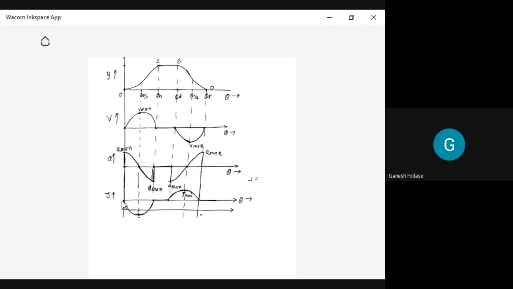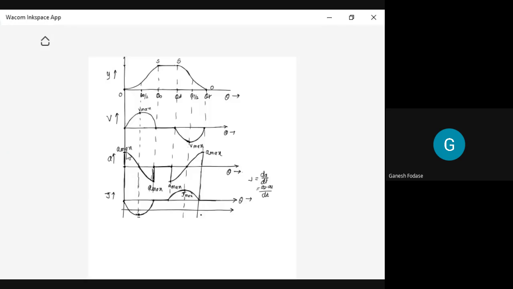See, I am writing here. Jerk is equal to dA by dt. What do you mean by this? It is A2 minus A1 upon T2 minus T1. As we are finding it at the instant, it is, let's say, dt. So you check at the beginning, at this point where the arrow is, the value of acceleration is 0 and also A max.